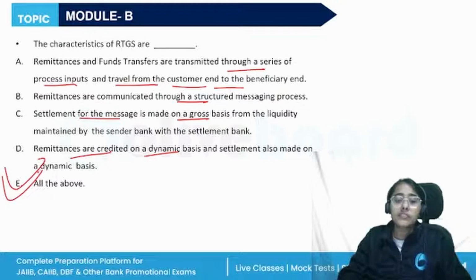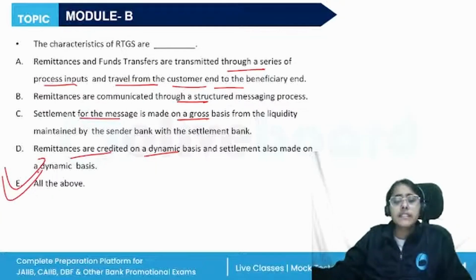What is the process flow of RTGS? Transactions are interbank transactions, customer payments, and delivery versus payment. So, what happens in the transaction? A request to remit originates from the customer to route a remittance through the RTGS. The customer will give details like the amount to be remitted, the remitting customer's account which is to be debited, the name of the beneficiary, bank and branch, and the IFSC code.